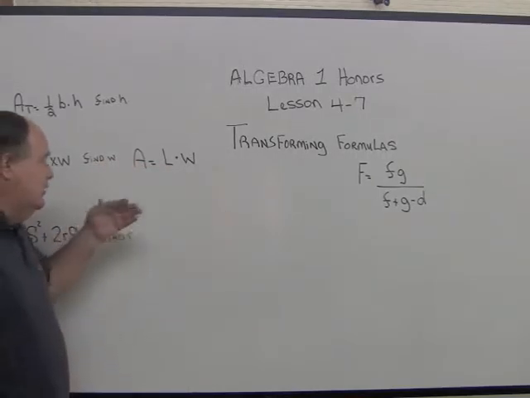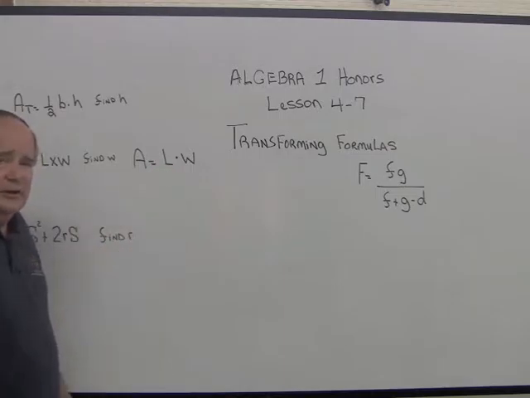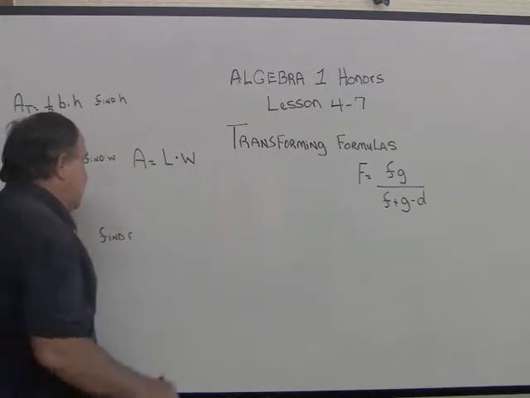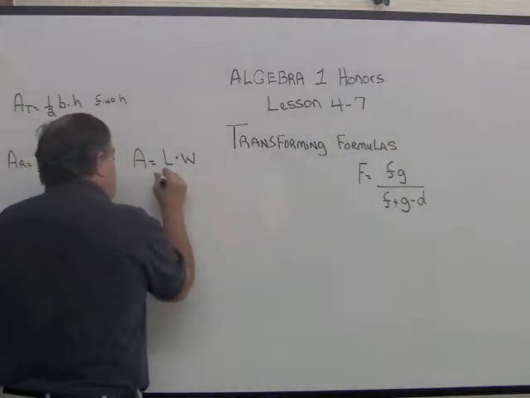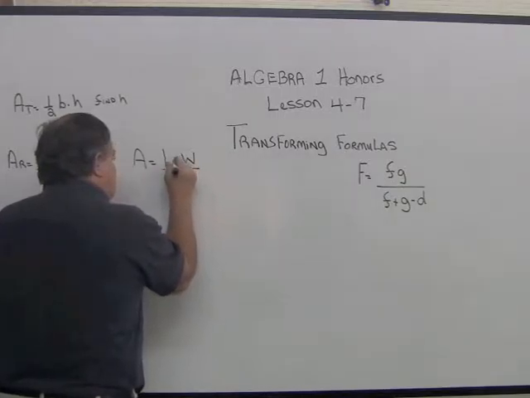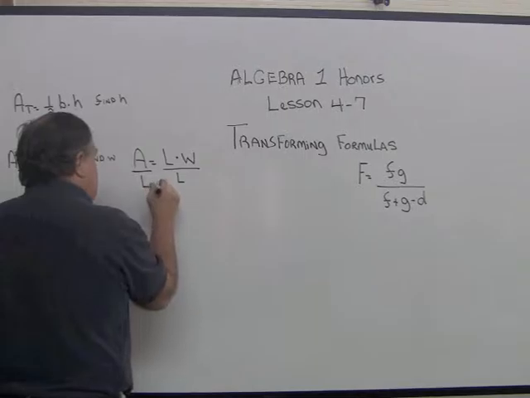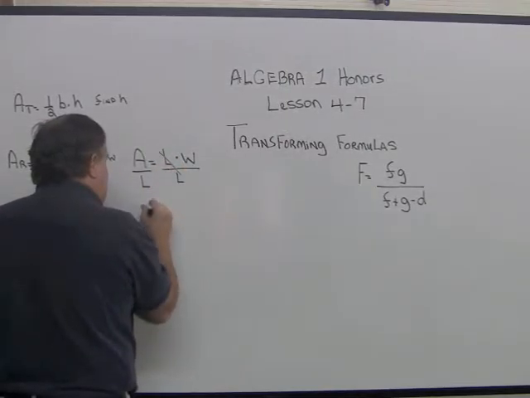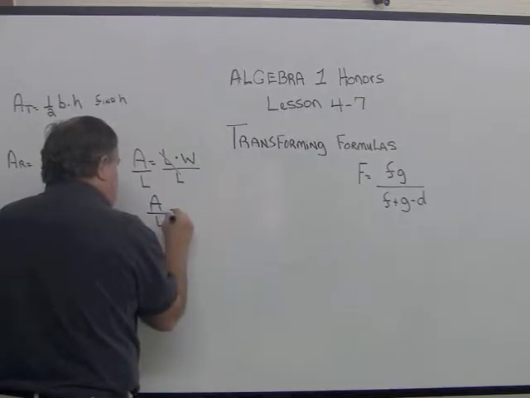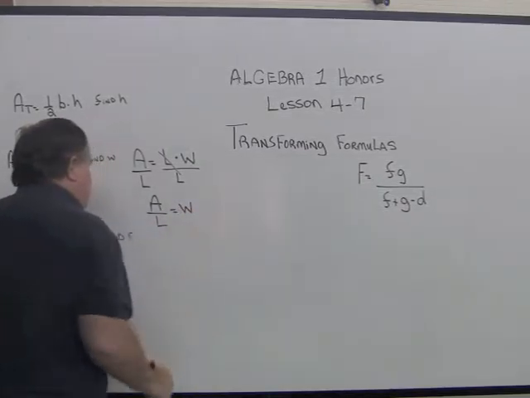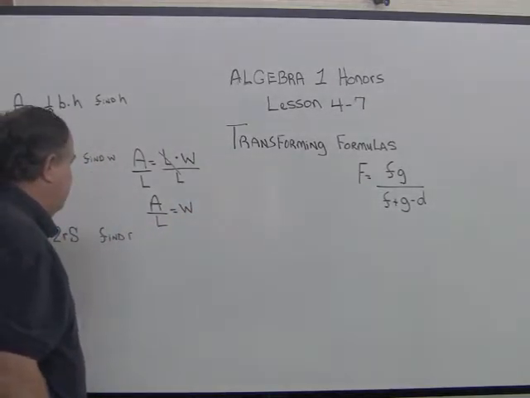So we kind of have to undo this side of the equation. And if I'm multiplying an L times a W, to undo this multiplication, I can divide by an L on both sides, and this will cross off, and I will actually get A over L equals W. I have solved for what they asked for, W.